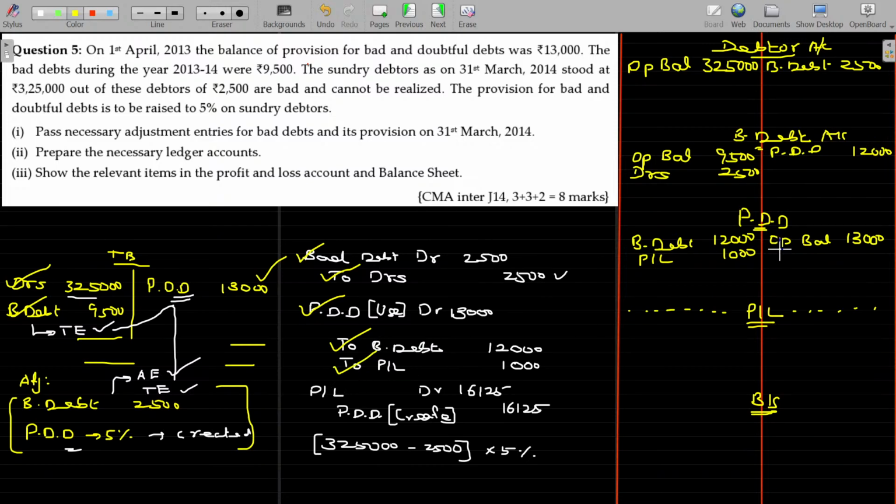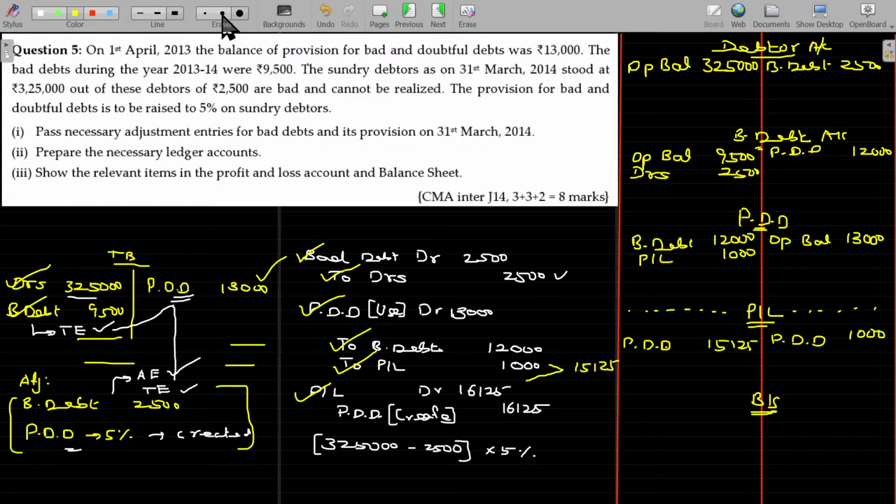In P&L account, 1,000 should be in the credit side, PDD. And in P&L account, 16,125 should be in the debit side, PDD. Otherwise, I can neutralize these two. Am I right? 15,125, isn't it?